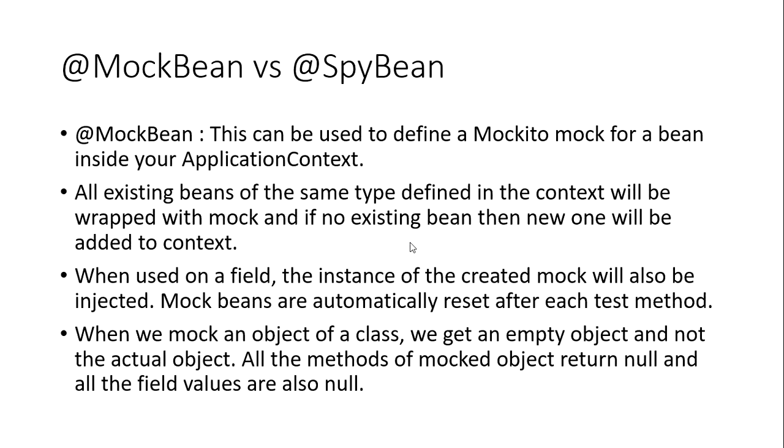Case one: if your bean is already instantiated and registered with your application context, then mockbean will replace your actual bean with the mockbean and inject it into this particular field. Case two: if it is not already instantiated as part of your application context, then it will freshly do the mocking and inject that mocked bean into that particular field. So this is what mockbean does.